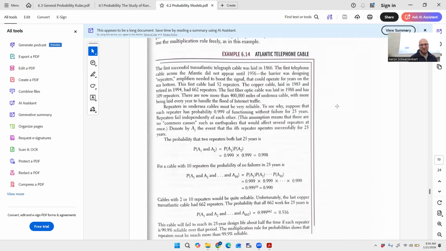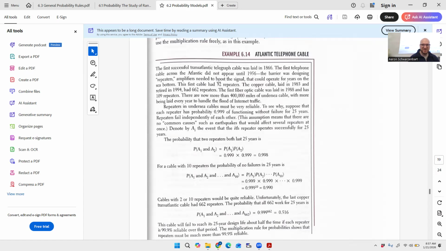Okay, this one. Transatlantic telephone cables. The first successful transatlantic telephone cable was laid in 1866. Or the first telegraph cable, 1866. The first telephone cable did not appear till 1956. Okay, the barrier was designing repeaters.